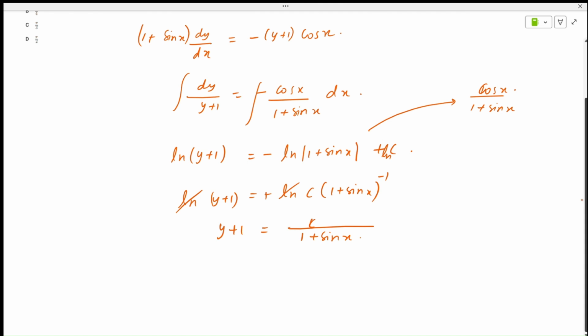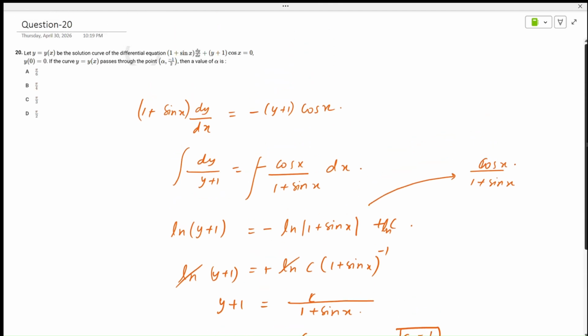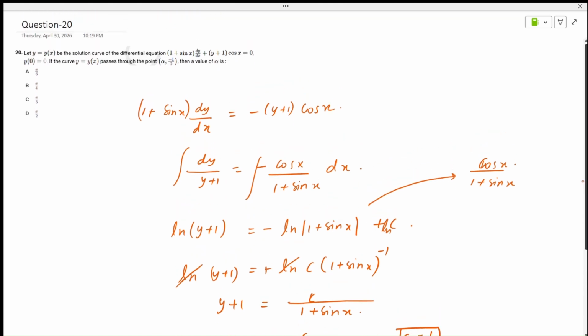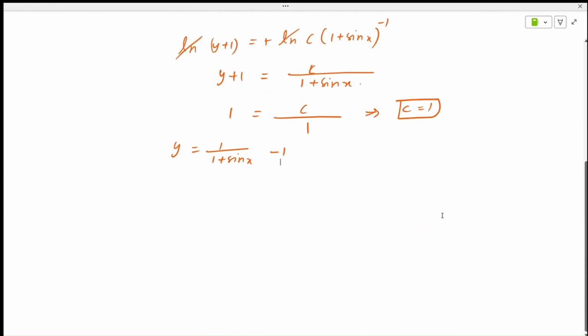Since this passes through (0, 0), substitute 0 here, and you'll get 1 = c/1. That means c is equal to 1. So your equation is y = 1/(1 + sin x) minus 1. He's asking us to find the value of alpha if it passes through (alpha, -1/2).